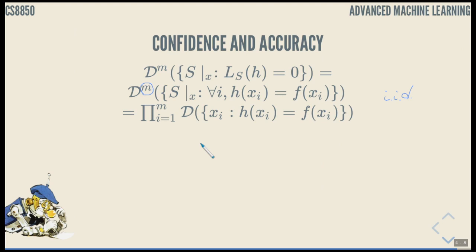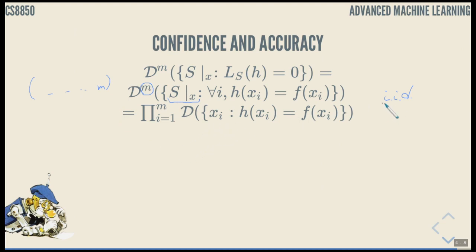This is important because this is a probability over tuples of length m. A probability distribution over tuples of length m, or a probability distribution over training sets of length m.